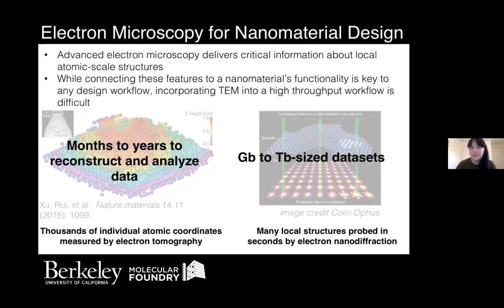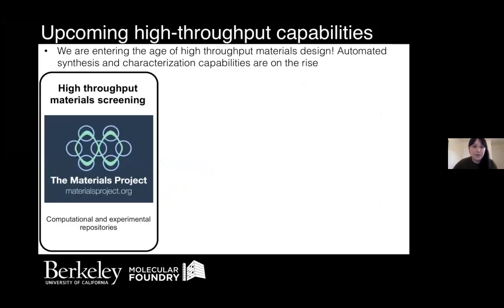And so this just becomes intractably large. It cannot be analyzed by a human being manually. So we need to have another approach to extracting information from electron microscopy data streams if we ever want to robustly incorporate analysis methods like these into materials design and analysis workflows.